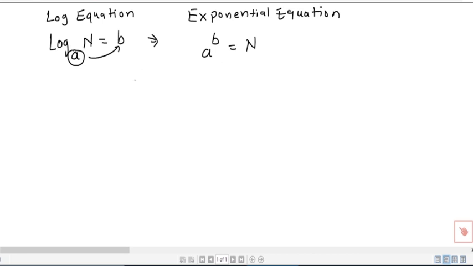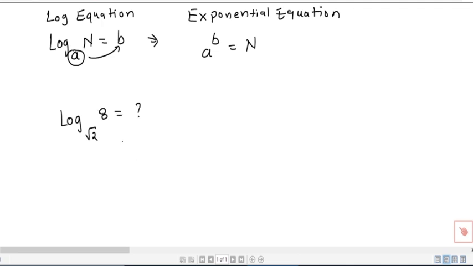Okay. So let's understand a bit more difficult question, not that difficult, but let's see. Log at base root 2, we can take any base, we will talk about base and number and everything else later on, but let's understand this. Log at base root 2 of the number 8 is equal to what power?